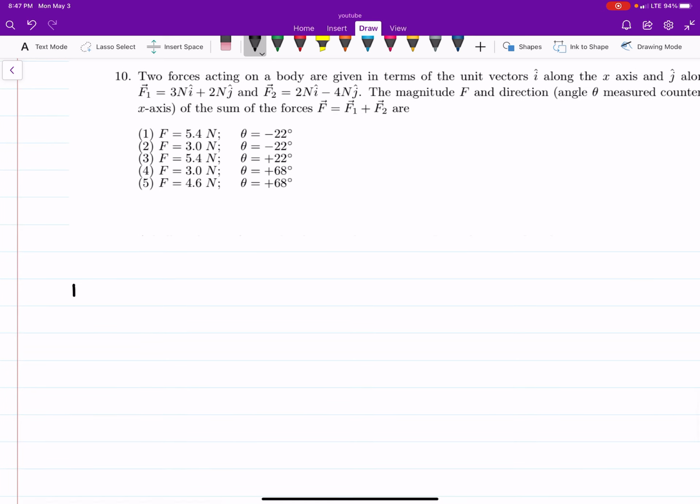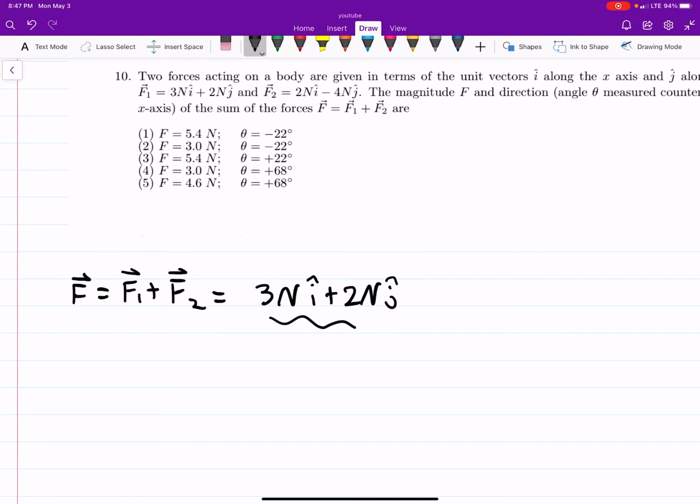So force F is equal to force 1 plus force 2. This is superposition, it's what it's called, which is 3 newtons in the i direction plus 2 newtons in the j direction.